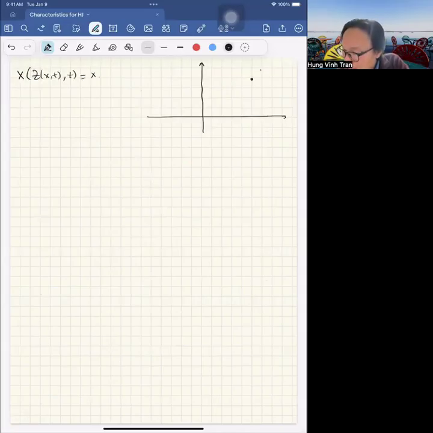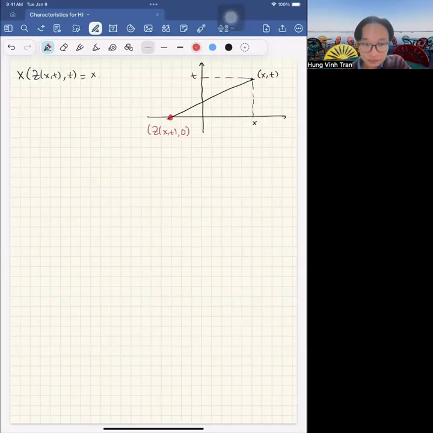So this is our point x_t. And then we have a characteristic going up to this point. And the point that we're starting from here is exactly the point z of (x,t), 0, okay?